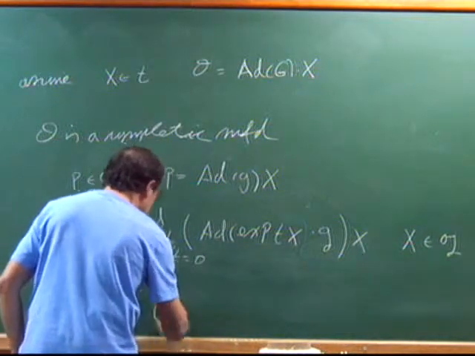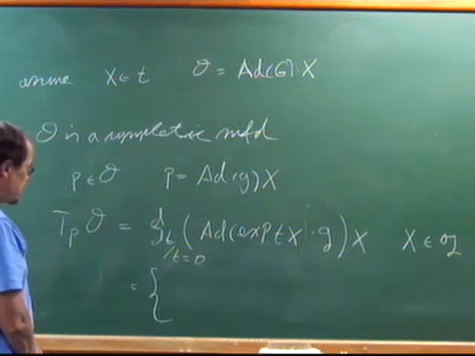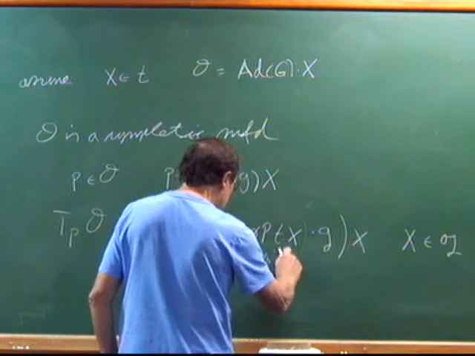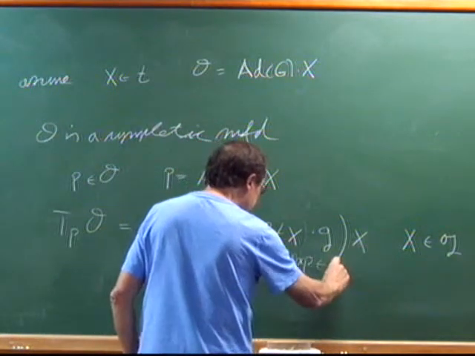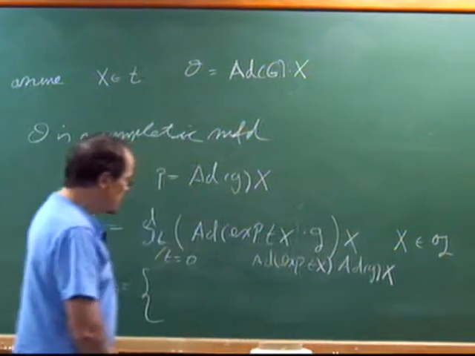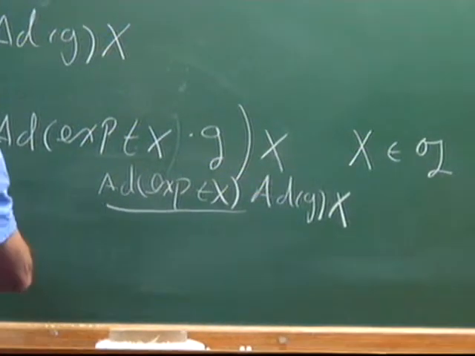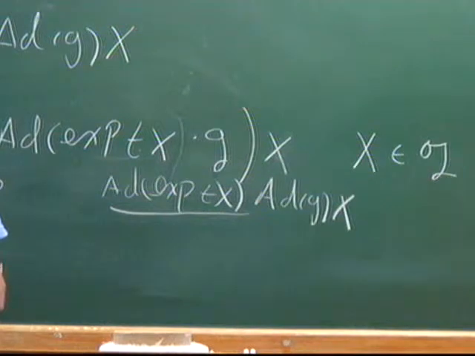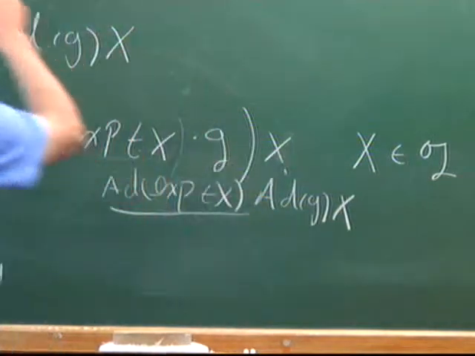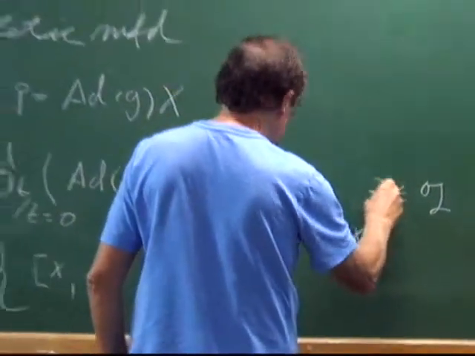So I differentiate that, and as we know, that's a Lie bracket. Right? So let's write it as follows. I can bring this outside. I can say, well, that's Ad of exp(tZ) times Ad_g times X. Now differentiate this part here with respect to t, and I get a Lie bracket. So it's a Lie bracket of Z with, sorry, I shouldn't take the same X, because my vector X is fixed. I'm looking at the vector at the orbit, so let's give this a different name, right?